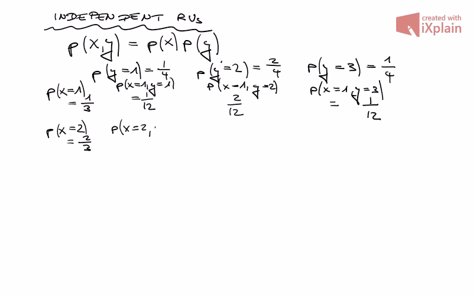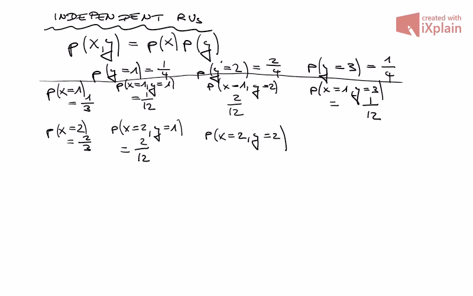And if we continue filling in here, we have the probability for x being 2, y equals 1. Again, we have to multiply this, so we get 2 over 12. Here we get the probability x equals 2, y equals 2.